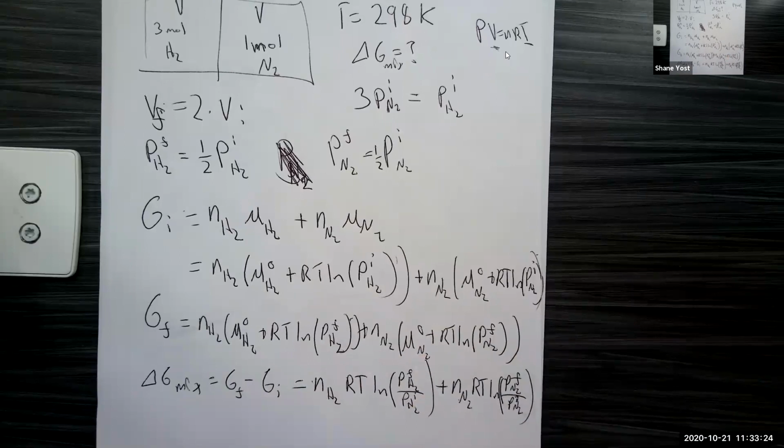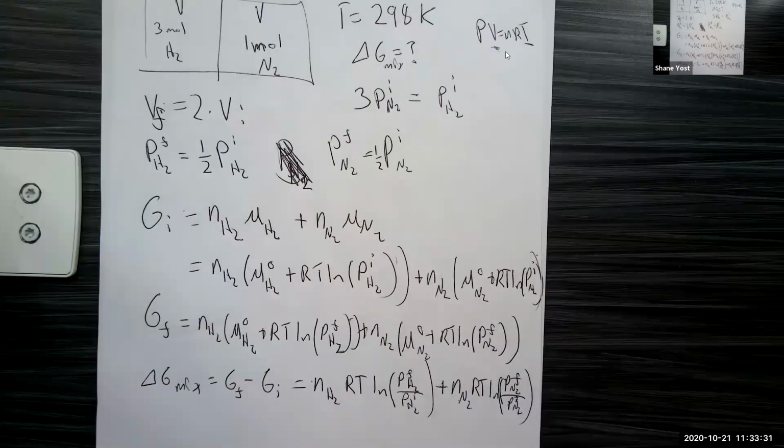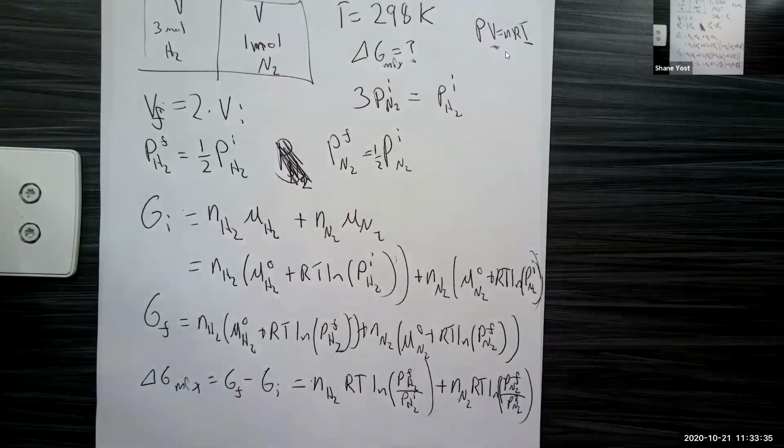And so using the fact that we know these pressures decrease by a half, each one of these natural logs is just the natural log of a half.